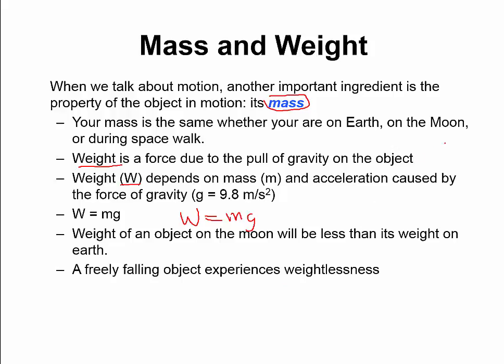If an object is falling freely, remember, if you have a weighing machine and you stand on it, you're pressing on the weighing machine. Why are you pressing? Because the earth is pulling you. If the earth is not pulling you, you won't be able to press on it.